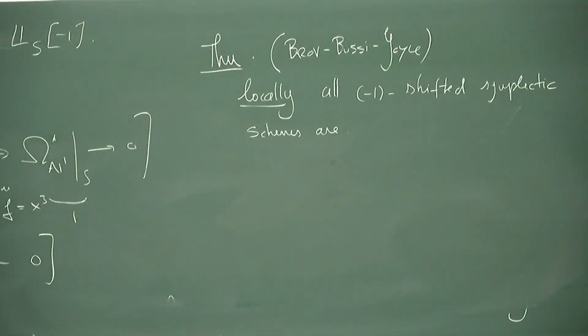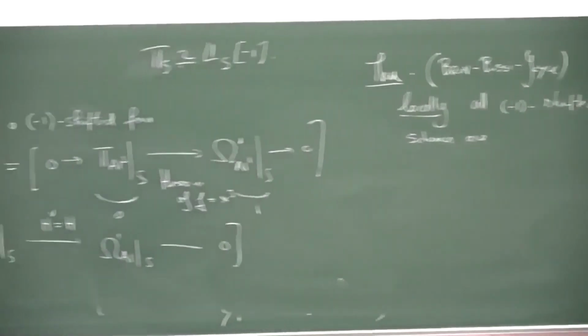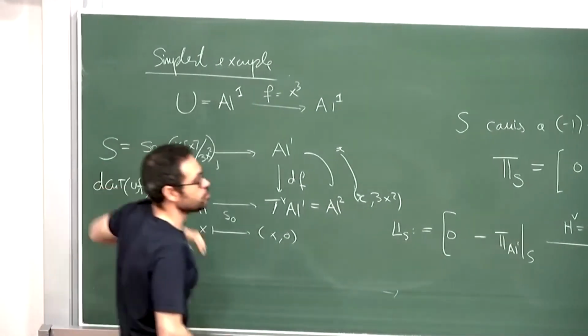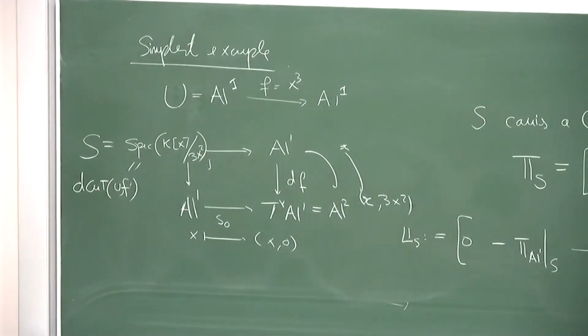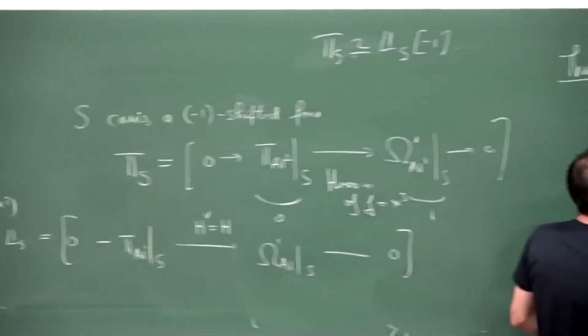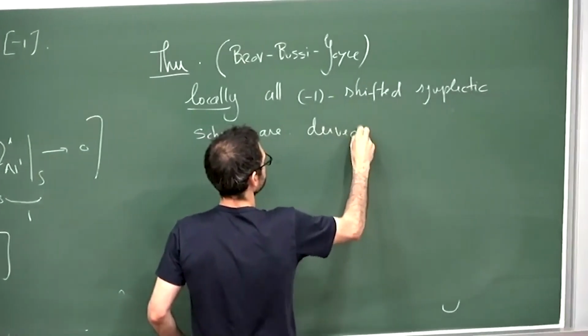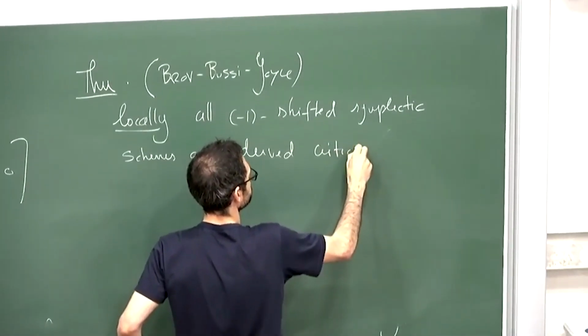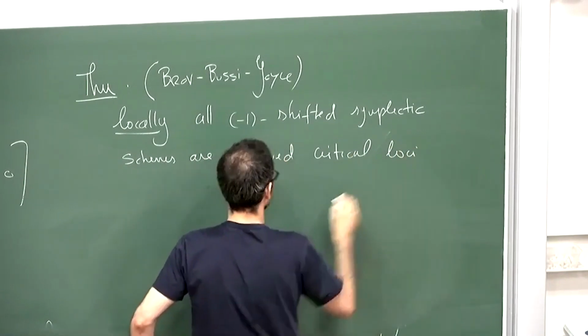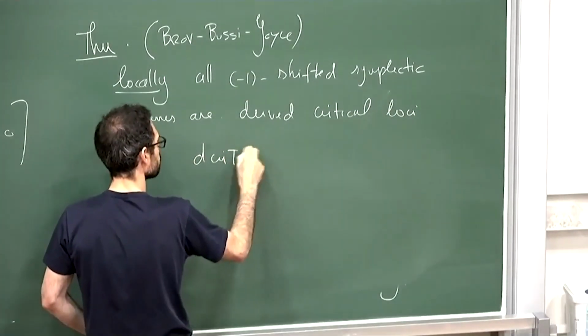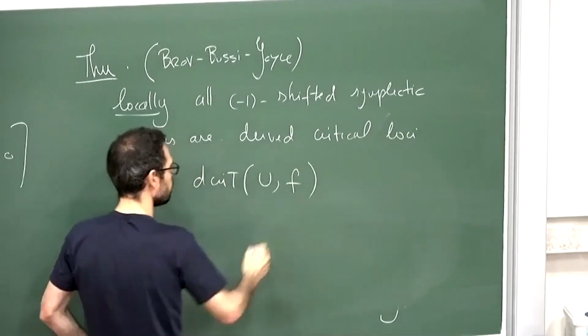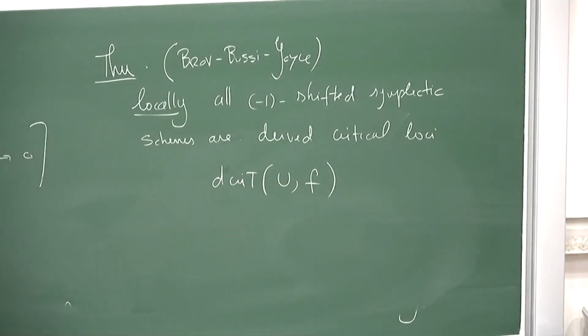This first thing here, I wrote U and f, and this thing is actually the derived critical locus of U and f. So the claim is that locally all -1 shifted symplectic schemes are derived critical loci for some function f on some ambient scheme U. Of course, the scheme can change, the function can change, but locally they are all of this form.